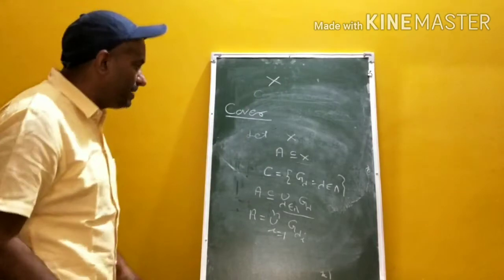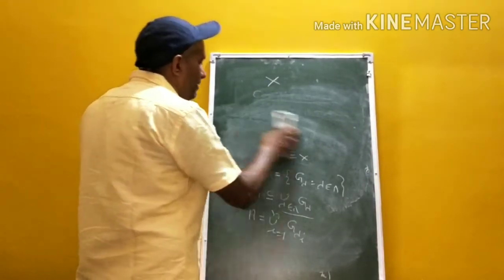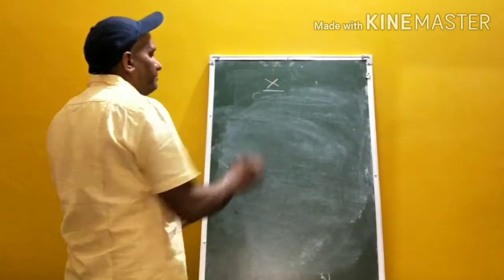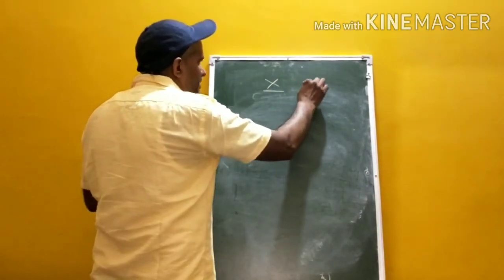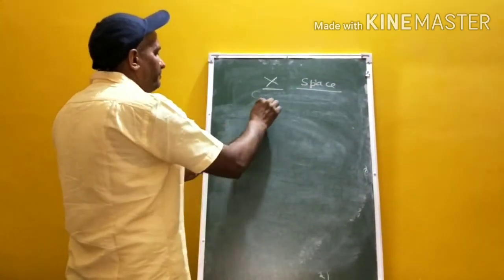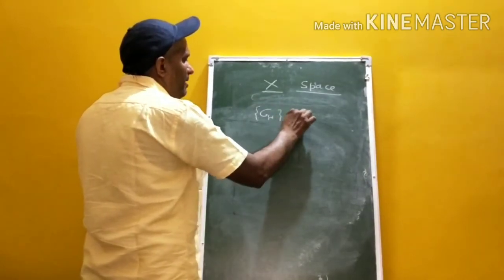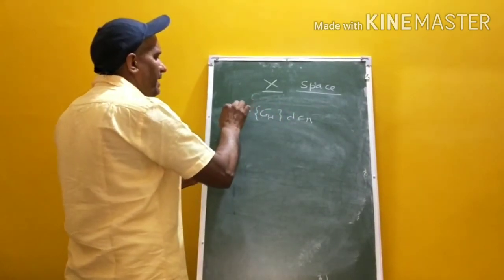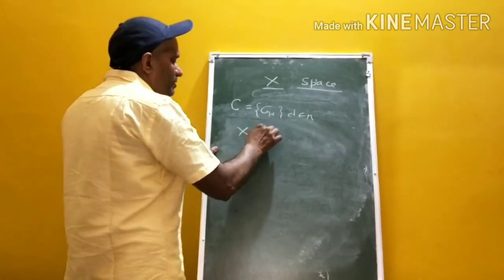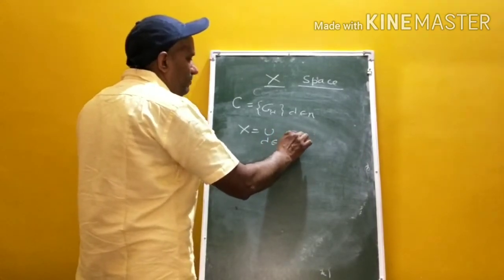When we say a space is compact, how do we define a cover? Suppose X is a topological space, and G lambda, lambda belonging to gamma, is a cover of X. Then X can be written as the union over lambda belonging to gamma of G lambda.